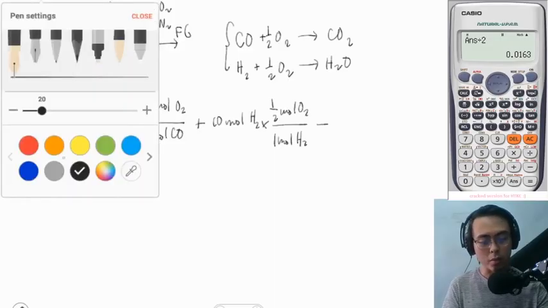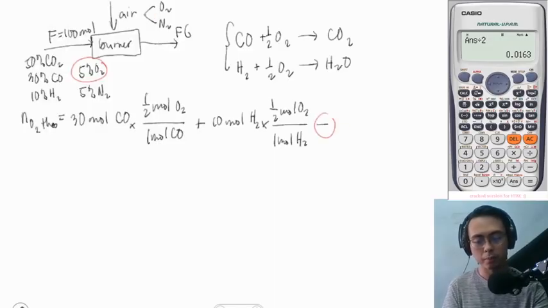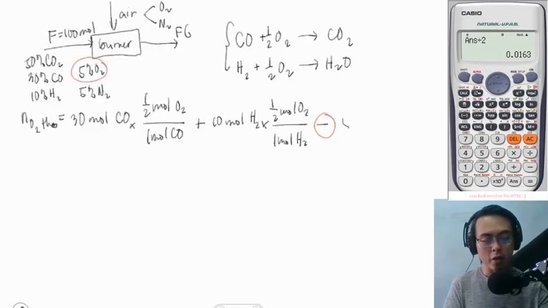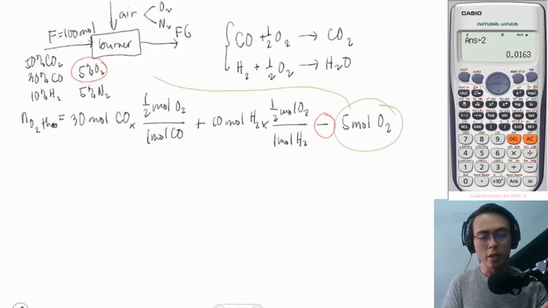Take note of this minus term. We subtract here the 5 moles of O2 that was initially present in your feed or in your fuel. Remember that this 5 moles of oxygen should come from the fuel or the feed.